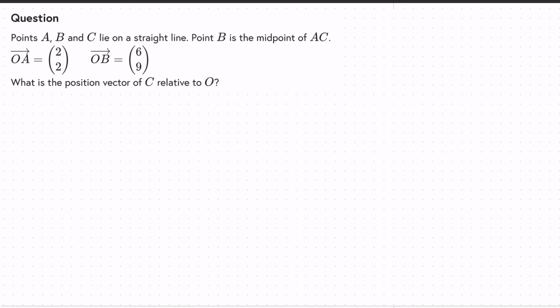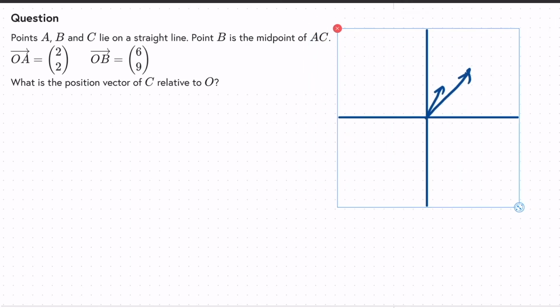So I've got points A, B, and C, and I know something about A and I know something about B. So if I were to draw a rough set of axes, well, OA goes to around here, which is 2, 2, and OB goes to around here, let's say. Now, I'm just going to make this a little bit bigger so we can see.